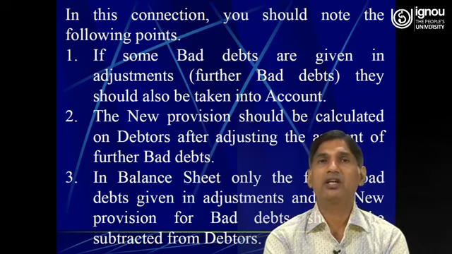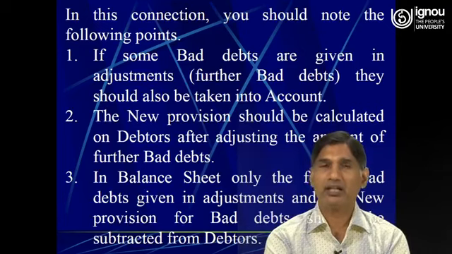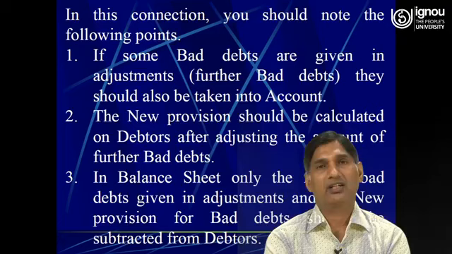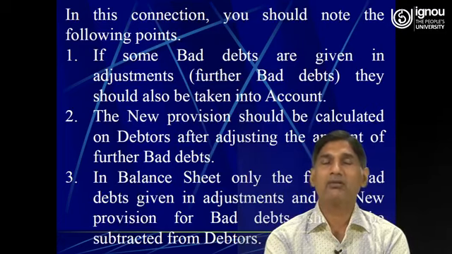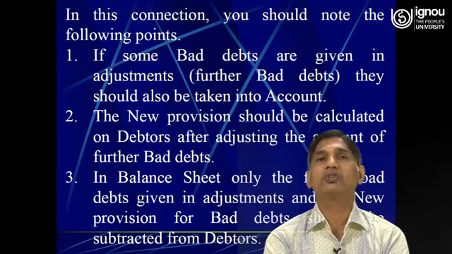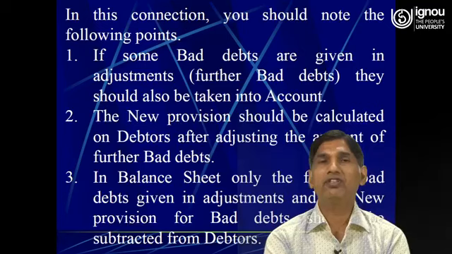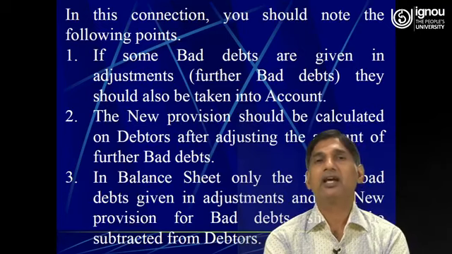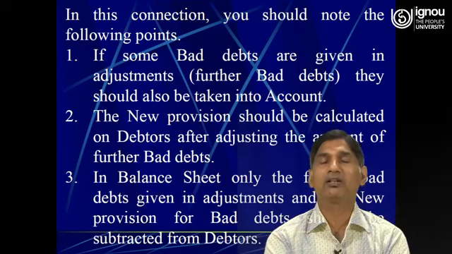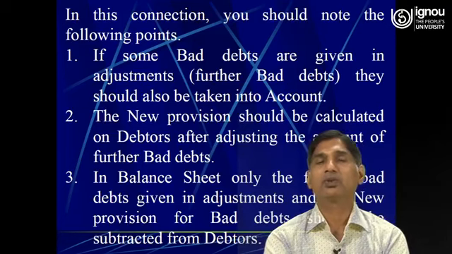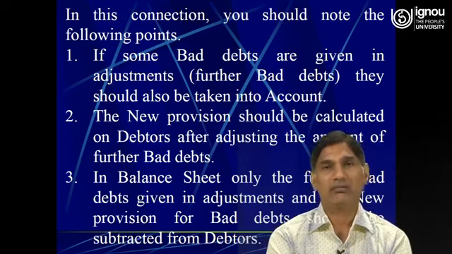The first one is the amount of further bad debts which is provided outside the trial balance, and the amount of new provision. So if we subtract these two things from the amount of debtors given in the trial balance, the net amount must be shown in the asset side of the balance sheet.